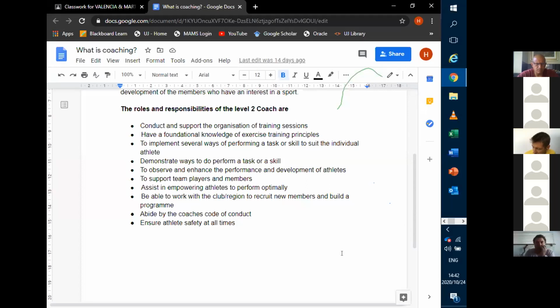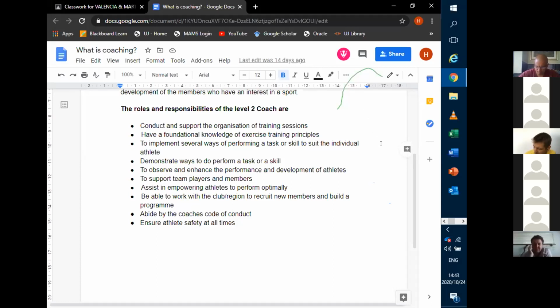This is also quite important because one athlete will differ from another athlete. One athlete will learn a skill quicker than the other athlete. You might have to adjust the skill or explain it in a different way so that the athlete can actually understand what you want from them. And that's quite important, okay? And also to demonstrate ways to perform a task or a skill. That's just what we've spoken about.